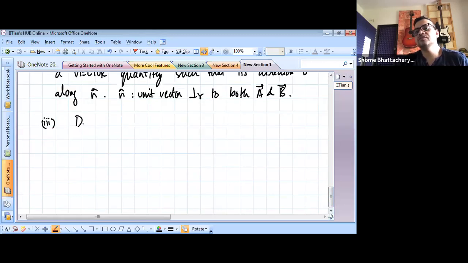So the direction of n cap is determined by the right hand palm rule.